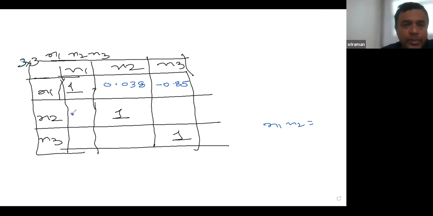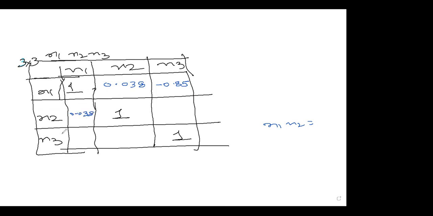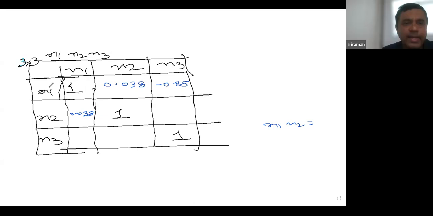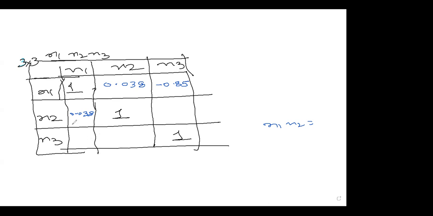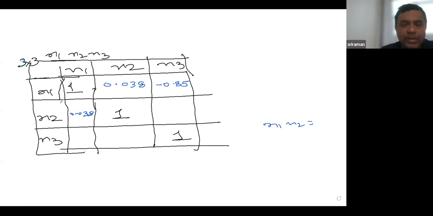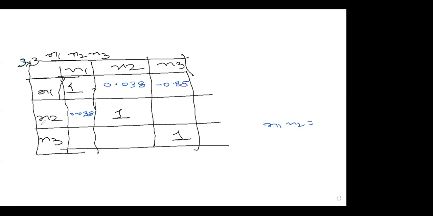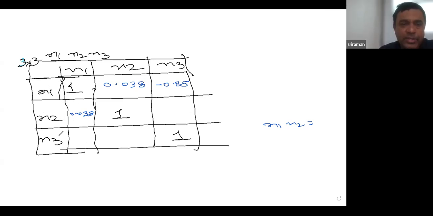It is also going to be 0.038, because x2 and x1 is the same as x1 and x2. And in x3 it will be minus 0.85. Yes, so x1 and x3, now this is x3, this is x1. So what is that value? It is minus 0.85.